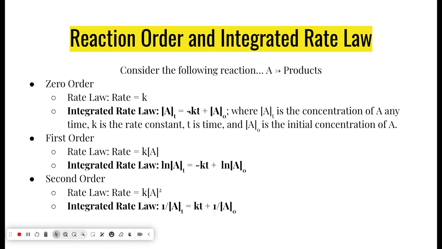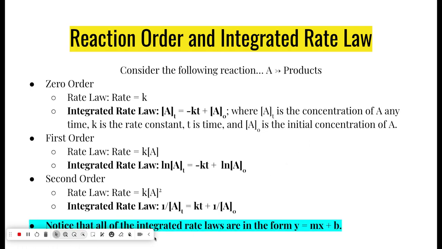And if you take a look at all of these integrated rate laws, they are all in the form of y equals mx plus b. That's important because, since we have them written in the form of y equals mx plus b, we're going to be able to use simple algebra to solve for the concentration, the rate constant, or whatever we're missing.